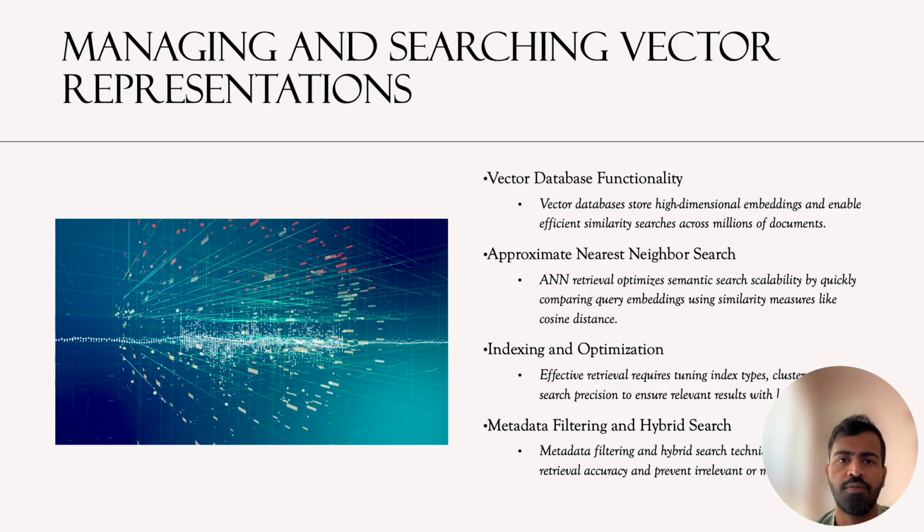If indexing is poorly managed or metadata filtering is missing, retrieval quality drops and you get irrelevant or misleading context. So, as the repository grows, the vector database becomes central to keeping RAG fast, accurate, and reliable at scale.